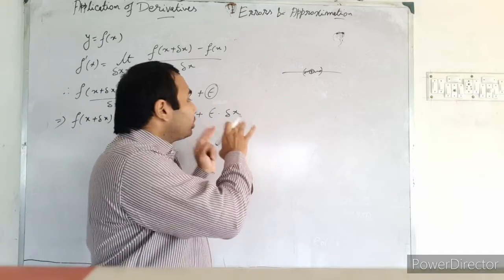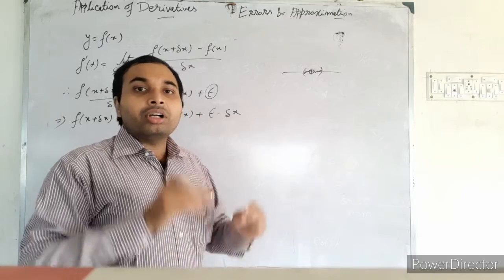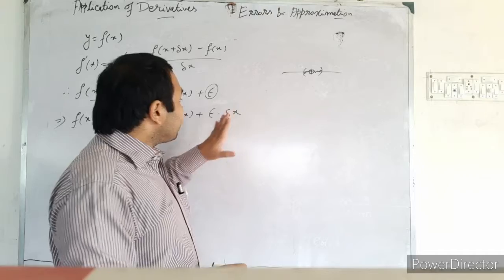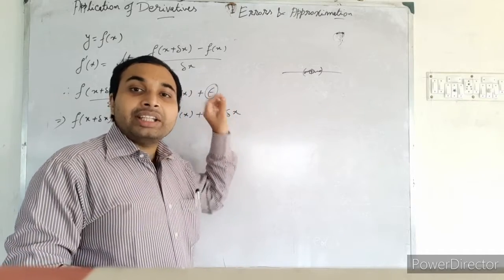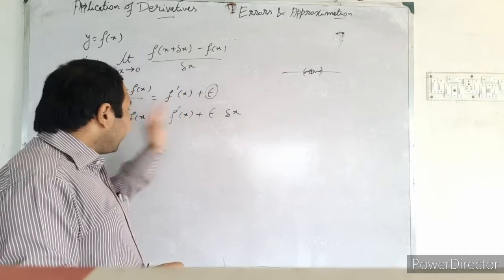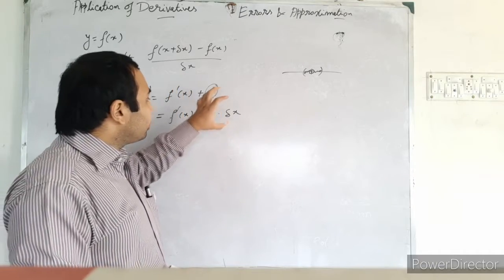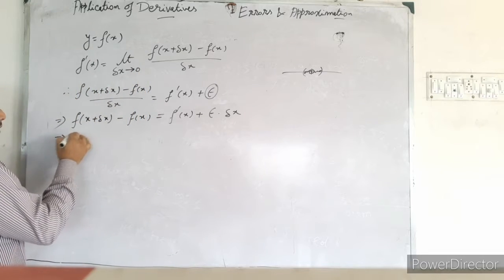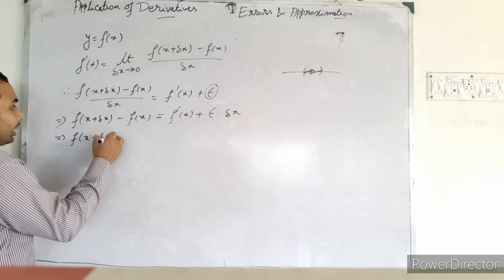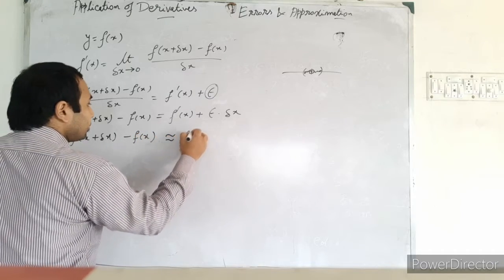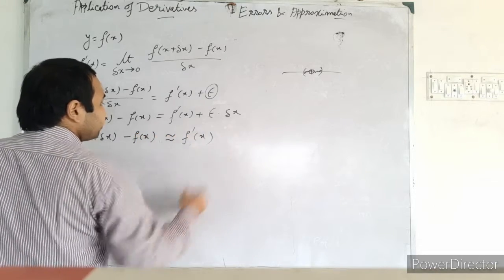We are multiplying two small numbers here, so obviously we will get a very small, negligible quantity. If we neglect this term, then approximately we can say f(x plus del x) minus f(x) is approximately equal to f'(x) times del x.